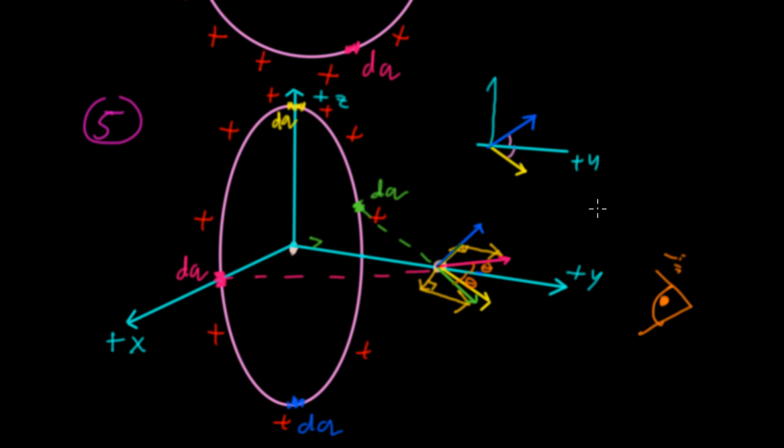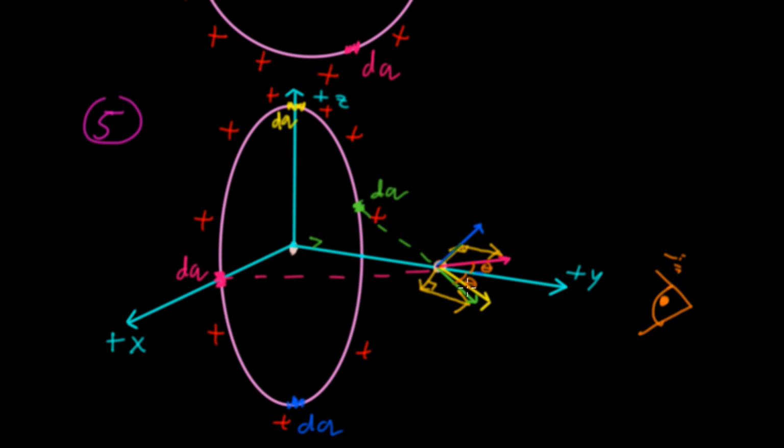And so what we end up seeing is, as we go around this ring and we consider dQs on opposing sides, the component of their vectors that is perpendicular to the positive y-axis ends up canceling out. In this case, the perpendicular component is the x component of either vector.